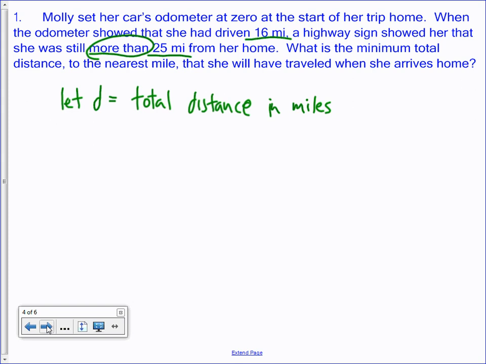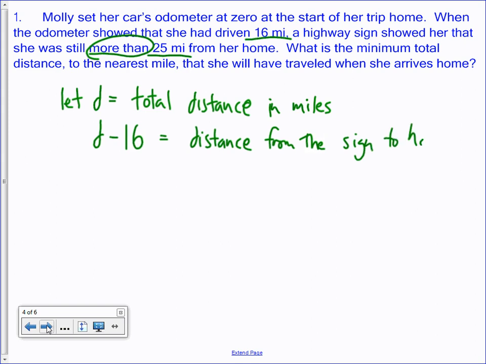And then the distance to the sign from home is going to be the total distance minus the 16 miles they've already gone. So that equals the distance from the sign to home. All right, so this sets us up.